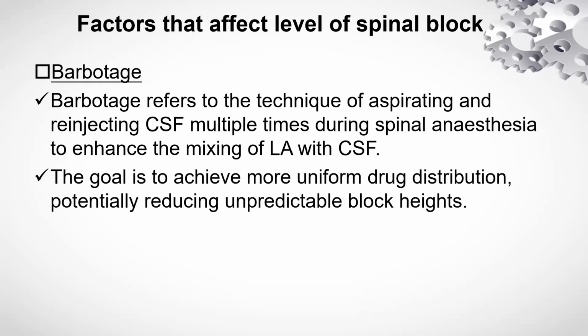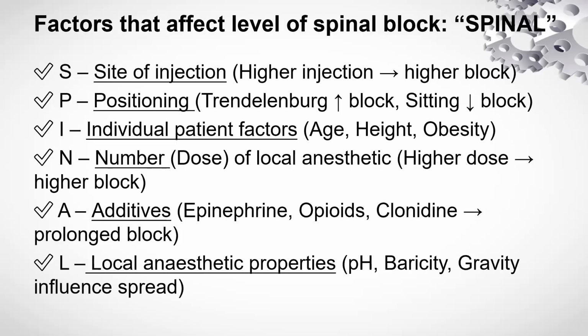About barbotage, I don't know how many of us still do it. I remember it was discouraged, but the idea was to achieve more uniform drug distribution, potentially reducing unpredictable block heights. How do you do that? You aspirate and re-inject CSF multiple times during spinal anesthesia, and it is thought to enhance the mixing of local anesthetic agents with CSF.